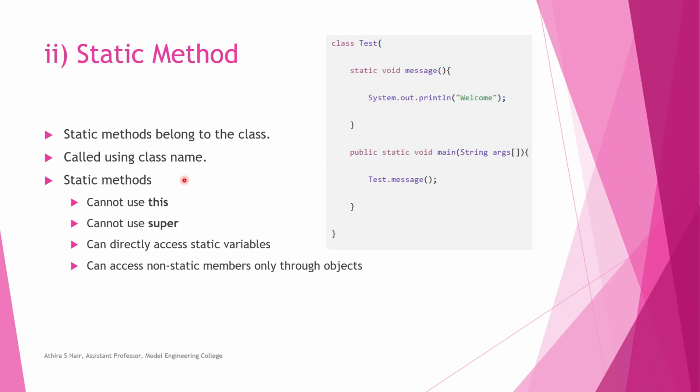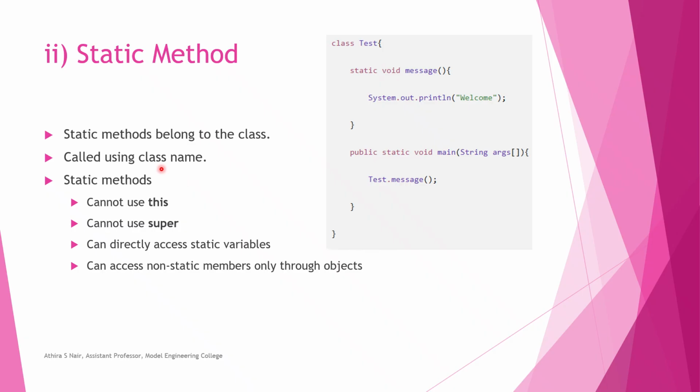So Java does not know which object you are referring to. That's the reason. And another important question, can a static method use this? No, because this represents the current object. The static method does not require an object to execute. Therefore, there is no current object associated with the static method.